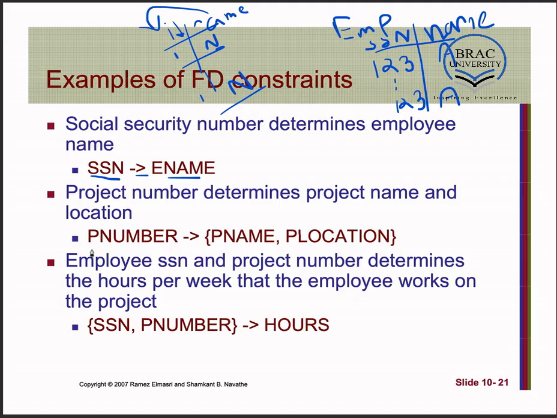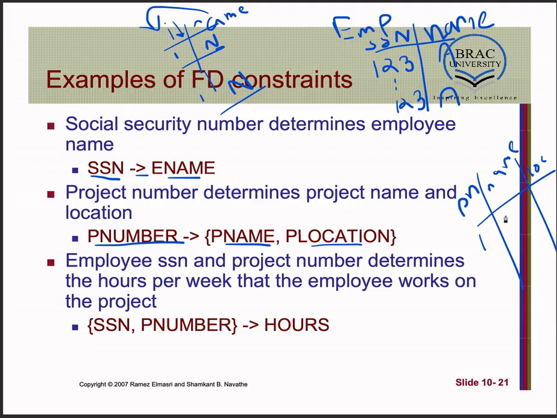Similarly, if we look at the second example, project number determines the project name and location. So let's say we have a project table. In the project table we have the project number, so P number, we have the name of the project, and we have the location. Okay, so the project number, let's say project number 1, will determine what would be the name of that project, because we have already fixed what the name of the project number should be.